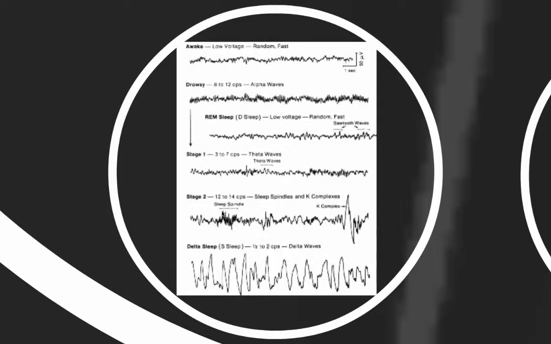We get some large amplitudes, represented here as this K complex. And lastly, in delta sleep, or stages 3 to 4, we have very large waves, high amplitude, low frequency. This is a key indicator of non-REM sleep in its deepest form.